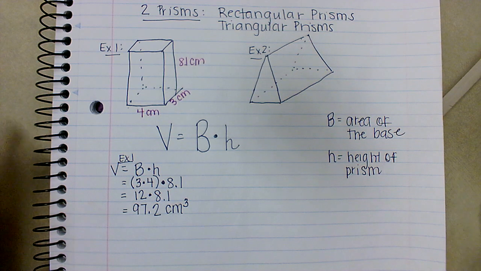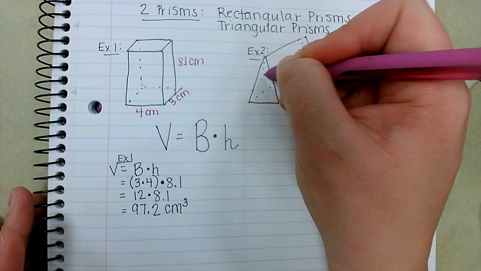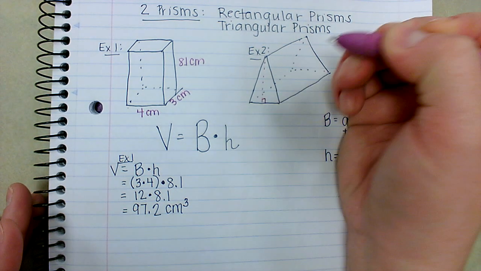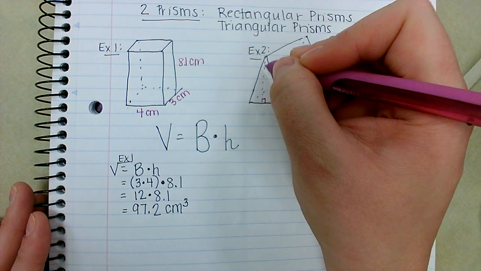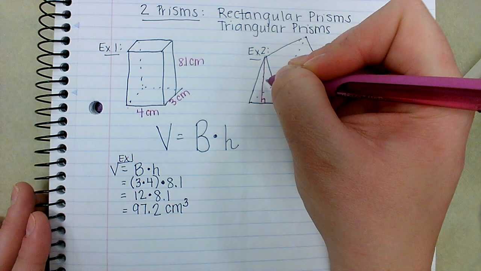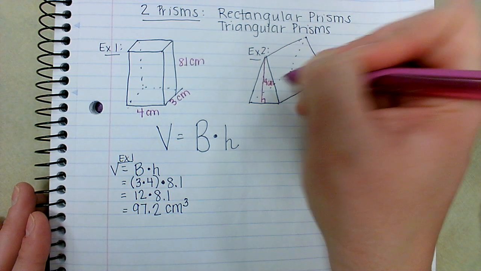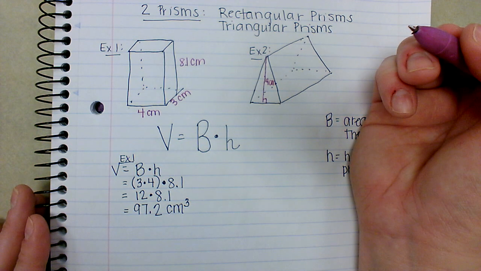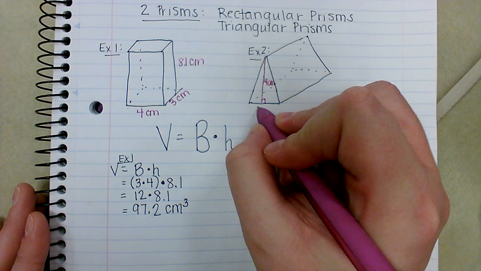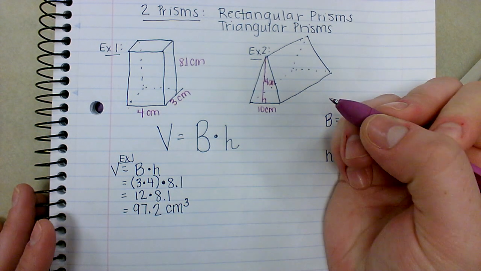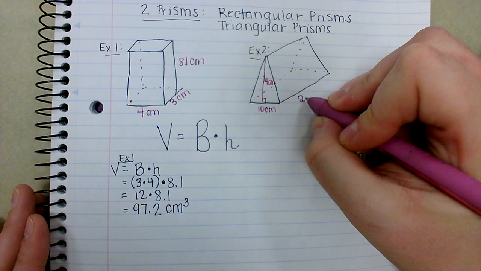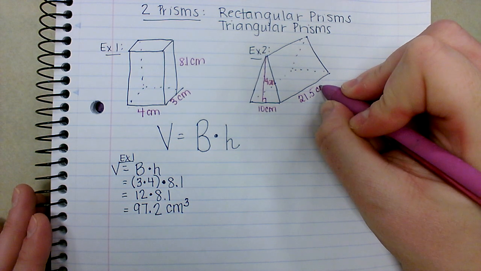Alright, so let's give our triangular prism some numbers. 4 centimeters is the height of the triangle. The base is 10 centimeters. The height of the prism is 21 5/10 centimeters.